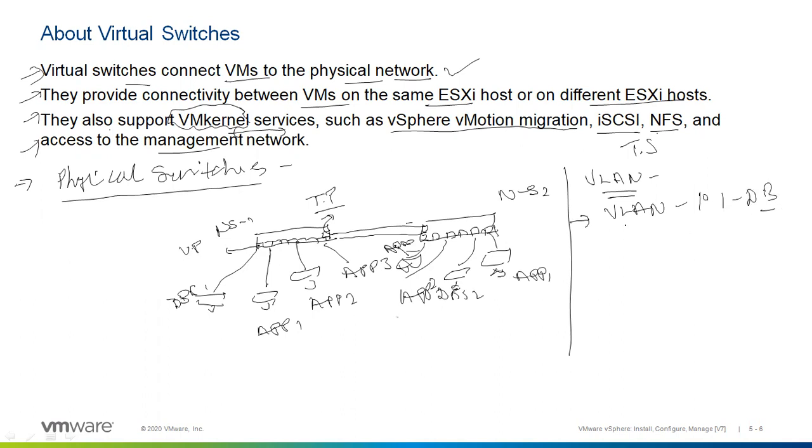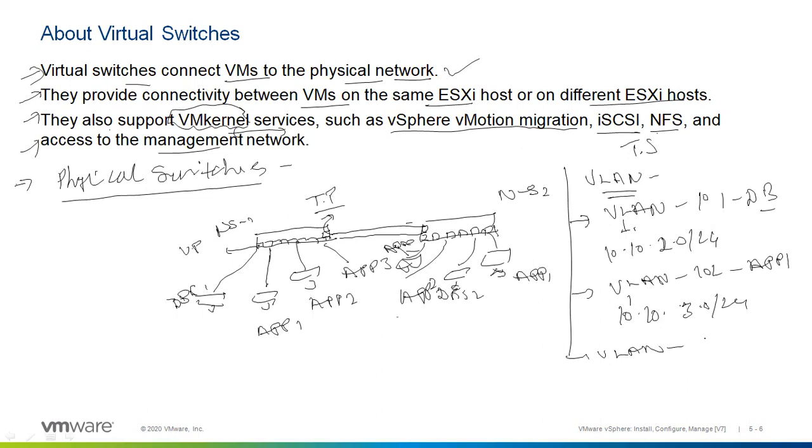And also with each VLAN, we primarily use some network subnets associated with that particular VLAN. So there could be another VLAN, for example 102, for application 1 servers, and the IP subnet we are going to use here is 10.10.3.0/24.